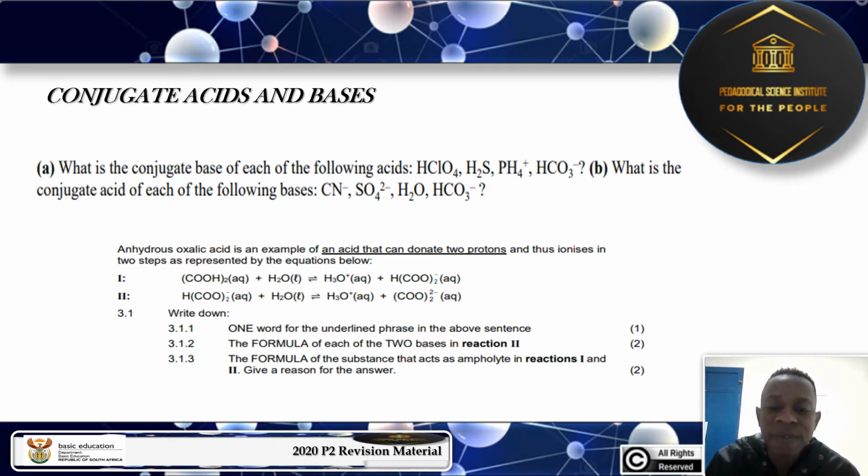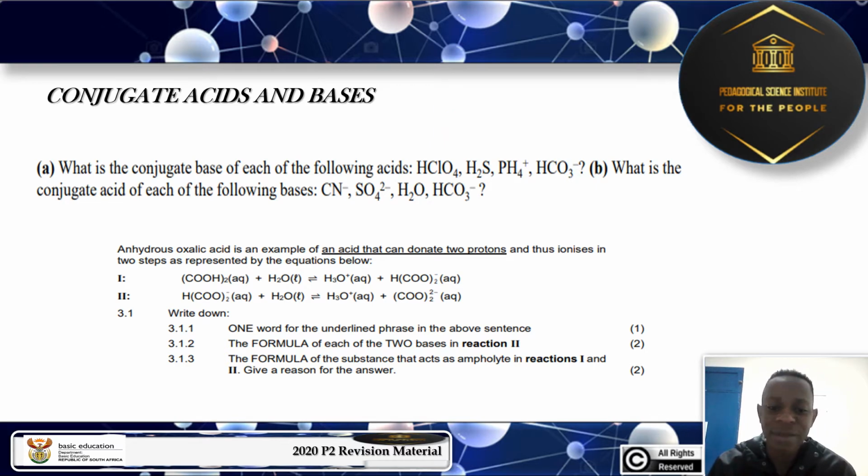Let us see what we are going to have. We are going to have H, then S, then minus. There were 2 H, now we have only 1 H, which is HS minus. That is the conjugate base. Do you get how we are getting our conjugate base?